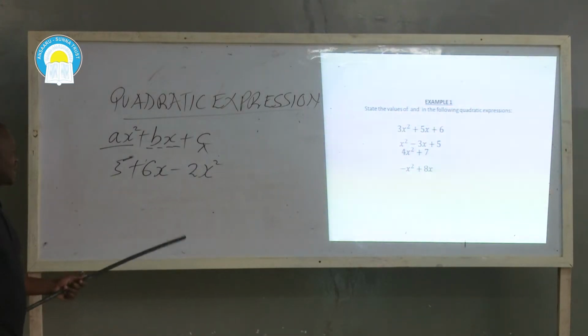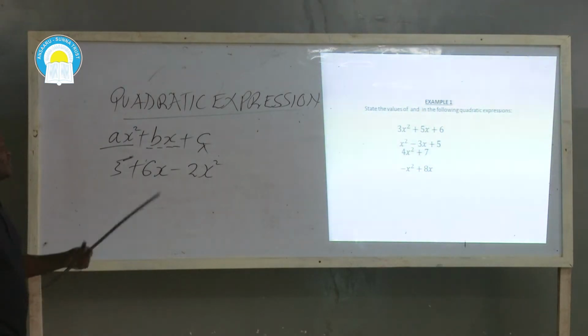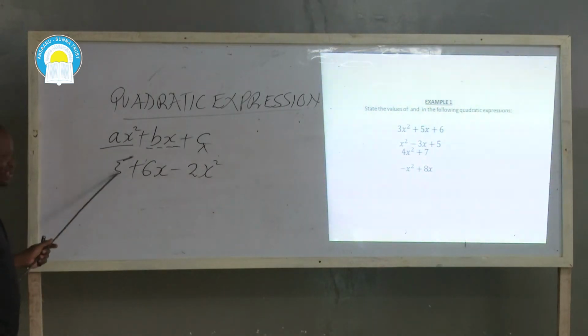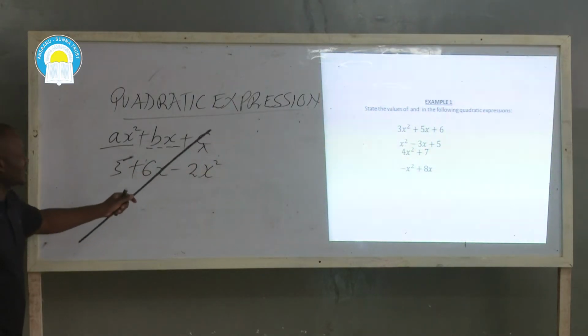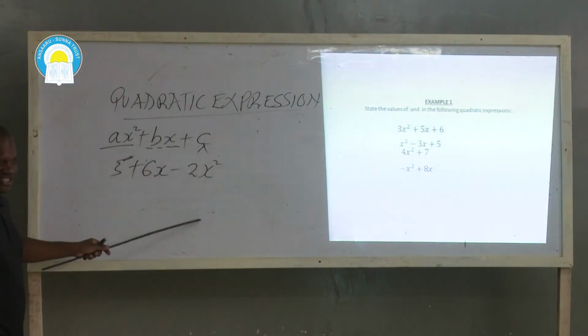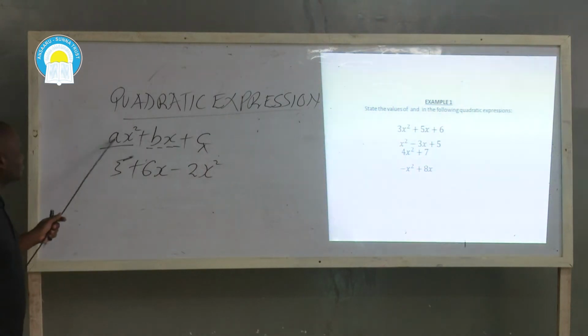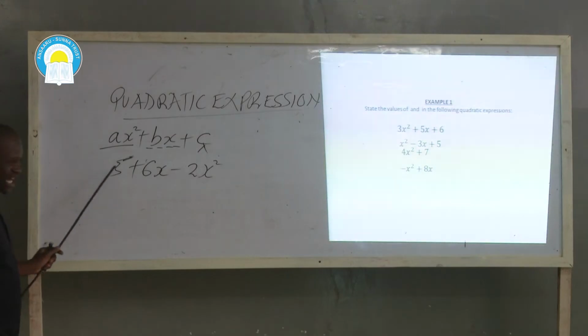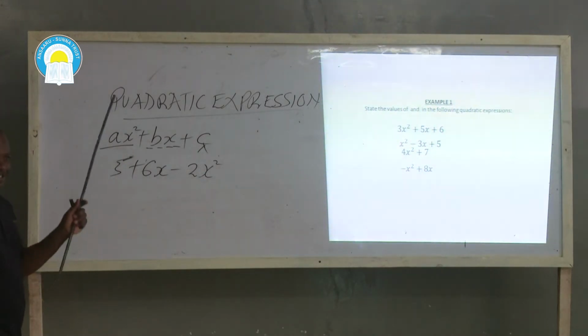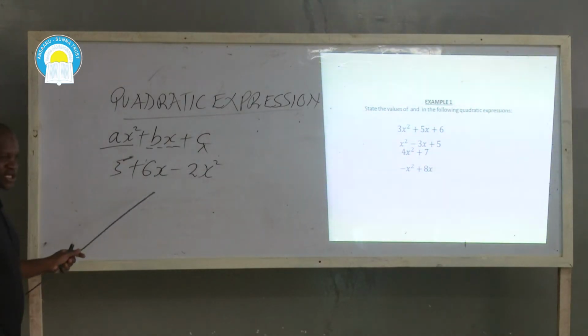Now, given a different arrangement, a number of students might confuse, thinking maybe this should be the a, possibly this is the b, and maybe I don't know how they will get their c. That would be a challenge. But if you just make a clear connection, despite that arrangement being different, as a good student, you're supposed to be able to identify your a, b, and c.